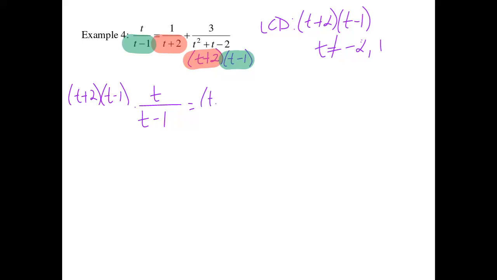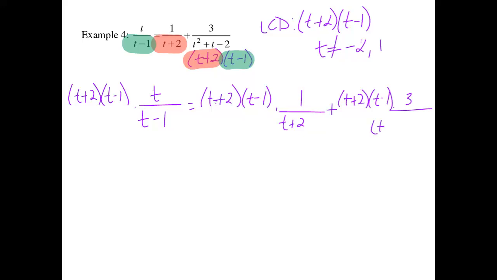And we've got t plus 2 times t minus 1 times 1 over t plus 2. And then we're adding on t plus 2, t minus 1 times 3 over t plus 2, t minus 1.